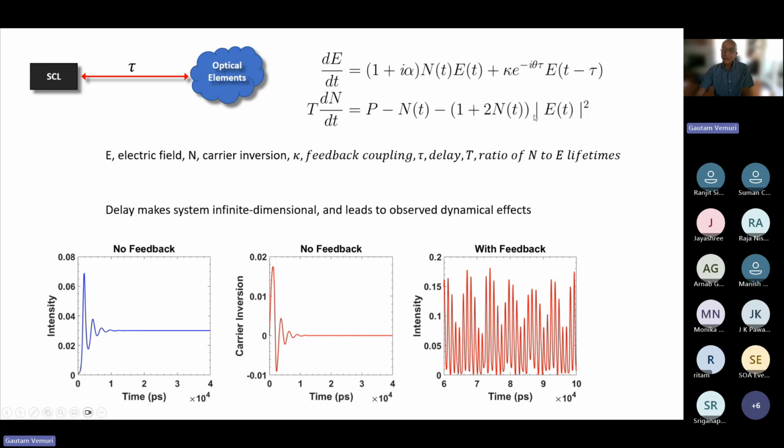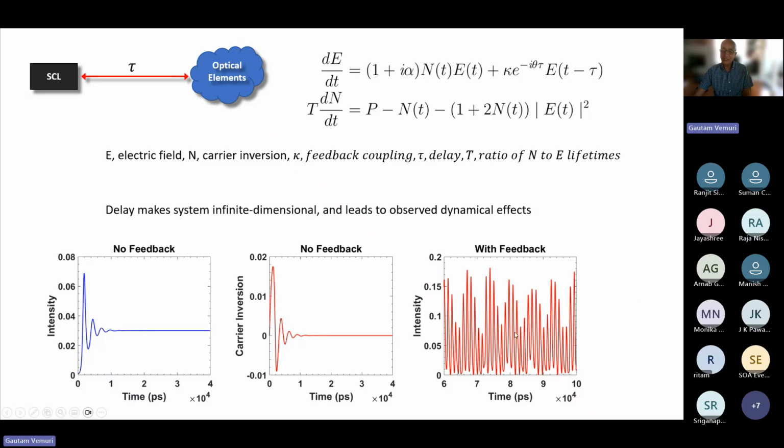Now, in the presence of feedback, I plot again the intensity as a function of time, and look at the scale here. This one only goes up to 4 times 10 to the 4. This one starts at 6 times 10 to the 4. What it's telling you is that now, all of a sudden, this nice steady state behavior has gone into this really weird sort of chaotic behavior.